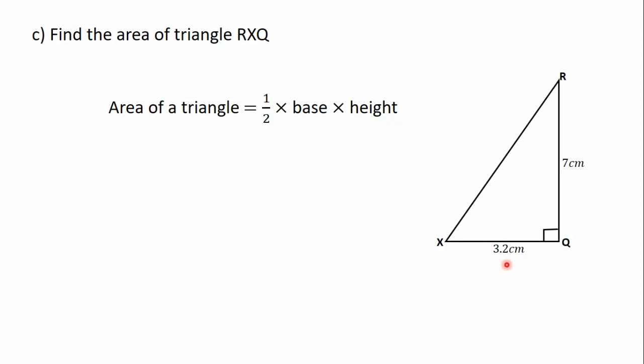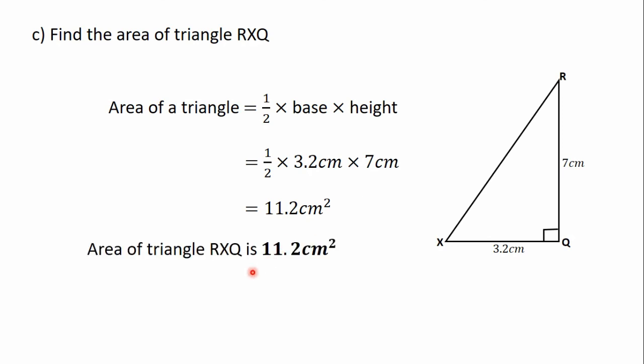The base of this triangle is 3.2 centimeters and the height is 7 centimeters. So the area will be equal to half times 3.2 centimeters times 7 centimeters. And this will give us 11.2 centimeters squared. So we can say that the area of the triangle RXQ is 11.2 centimeters squared.